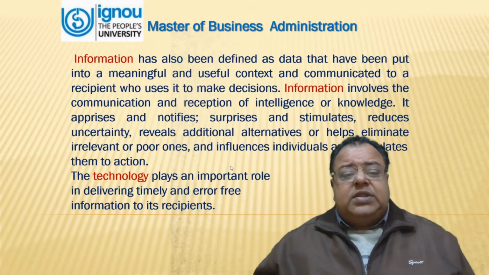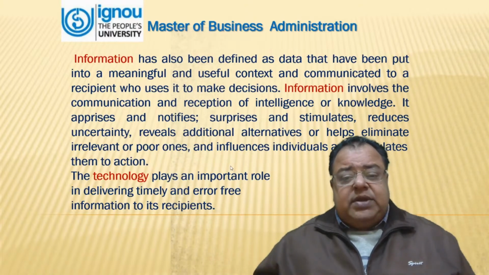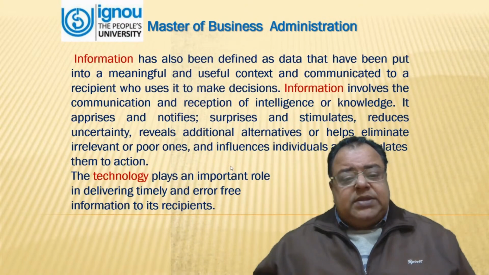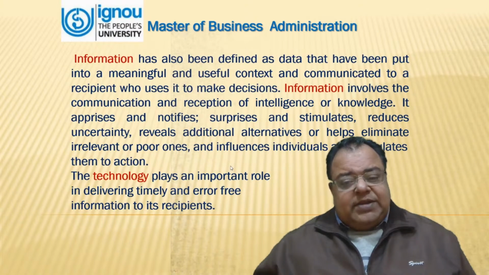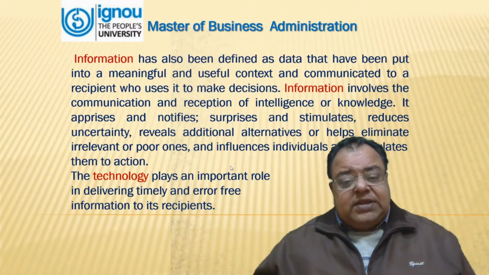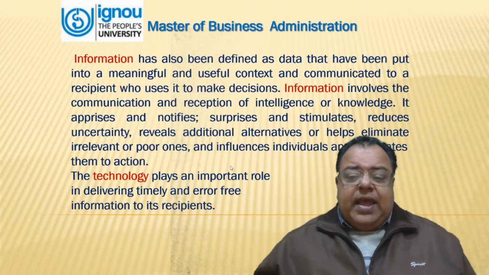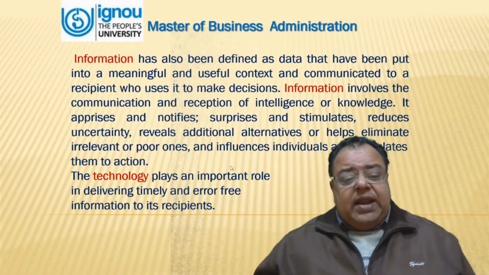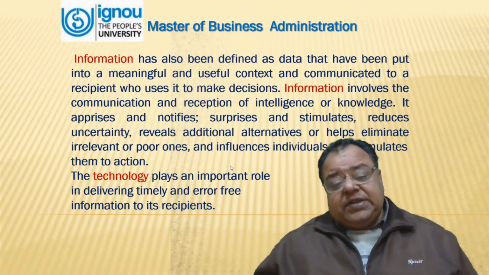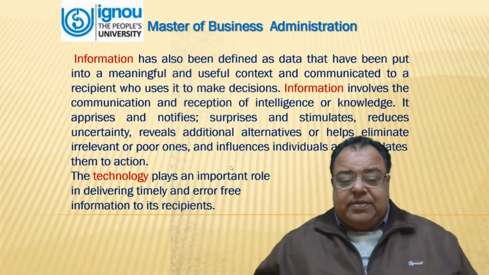Information involves the representation and reception of intelligence or knowledge. It apprises and notifies, surprises and stimulates, reduces uncertainty, reveals additional alternatives, or helps eliminate irrelevant or poor ones, and influences individuals and stimulates them to action.